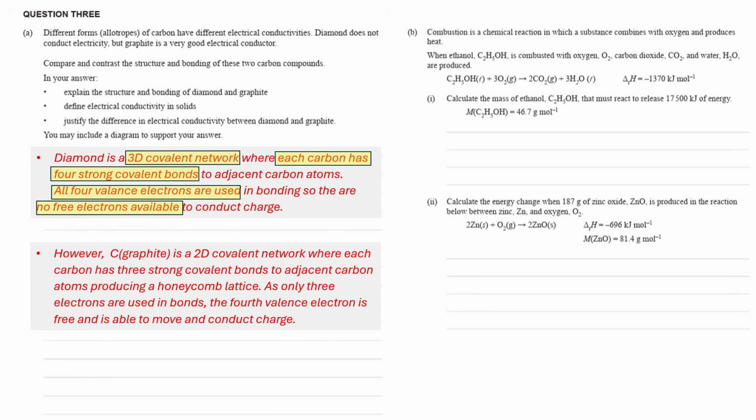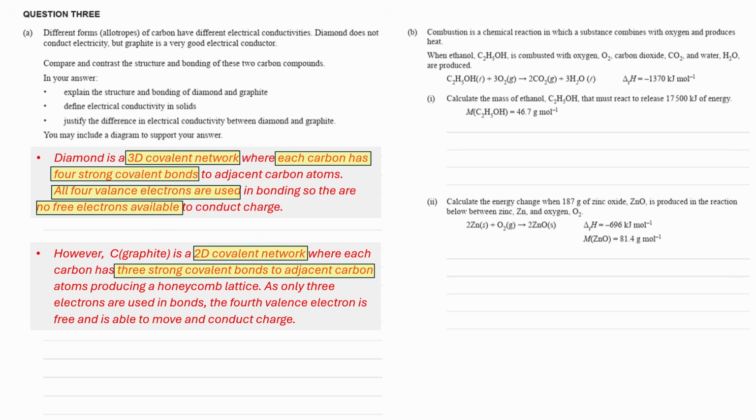Now, only 3 electrons are used in bonds, the fourth valence electron is free and is able to move and conduct charge. Now, they did say up there, define electrical conductivity in solids. So we should also have written here that in order for solids to conduct electricity, there must be a free moving charged particle. Okay, so we need to put that down as well, just to be sure. The answer should be fine, but to be sure, write that down.